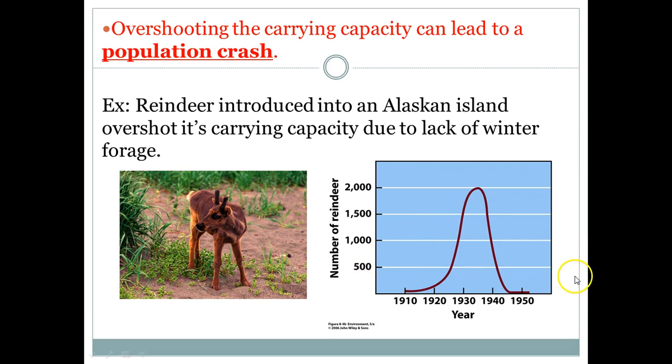And they outgrew basically their range. And then they had a bad winter. And many, many died. It took 15 years for them to plummet, and within 15 years, there was just about none of them. Once they got down into an area, it was a free fall. And so that's overshooting the carrying capacity. And when that happens, that limiting factor is so stressed that it just doesn't have time to replenish itself.